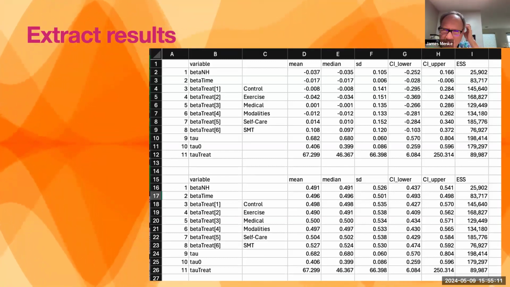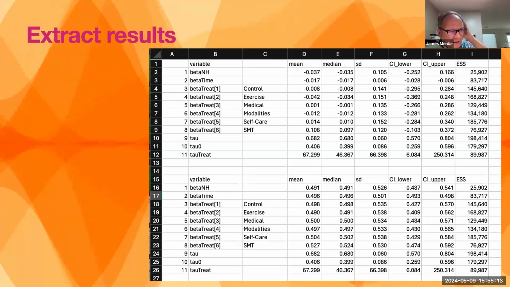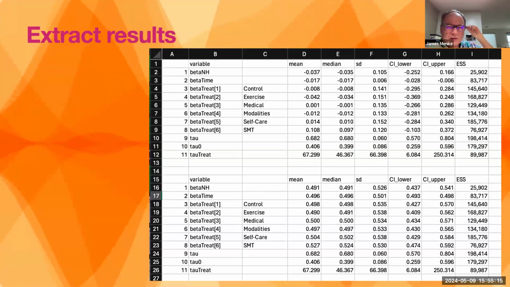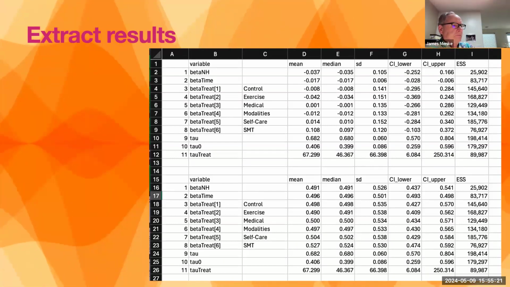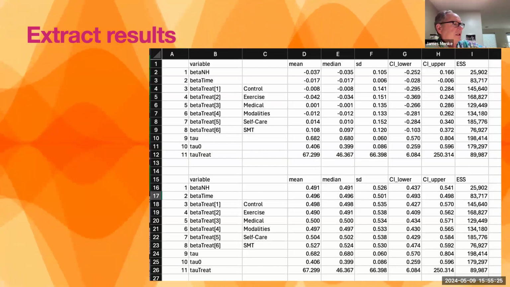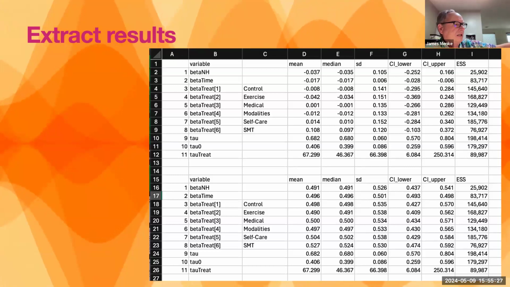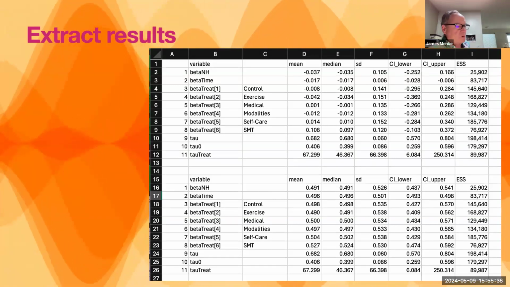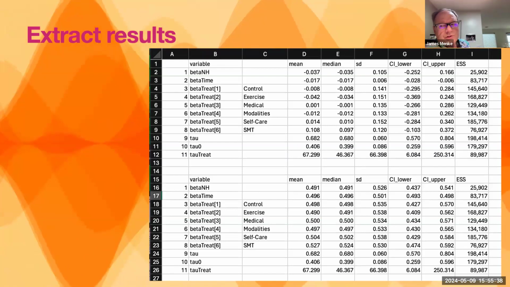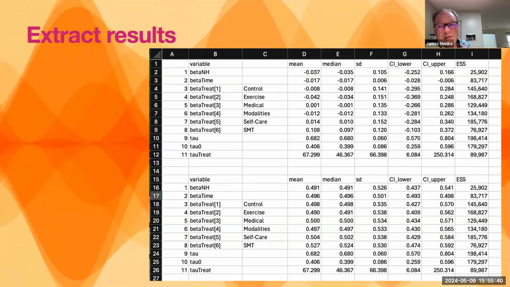So yeah, you just almost have to convert them to probabilities. I've worked with log odds now enough, I get the hang of it, but it's still easier. So if you look at row 10, 11, and 12, you see these numbers, especially the bottom one, tau treat. That's the heterogeneity of the treatments.